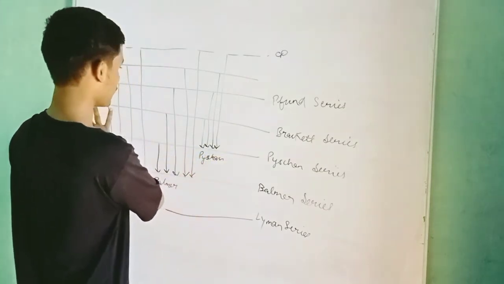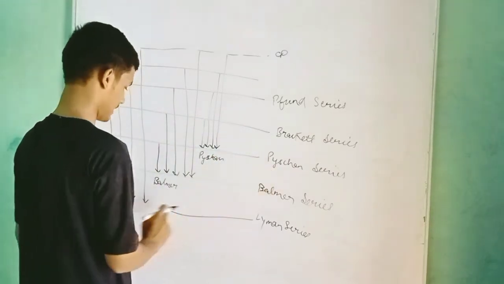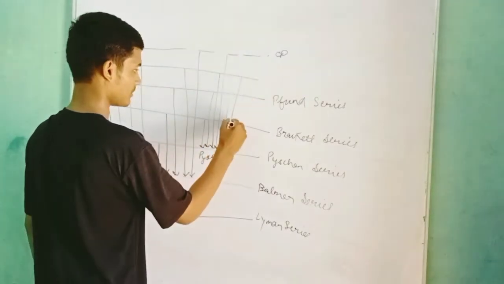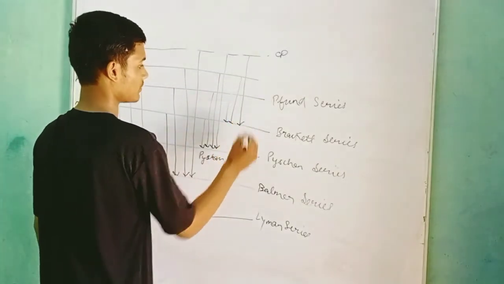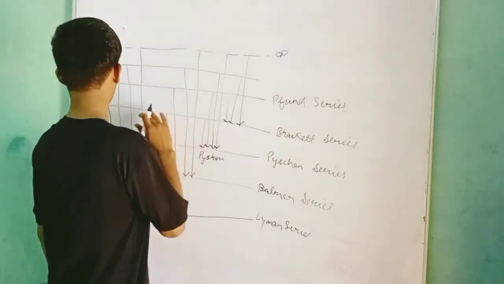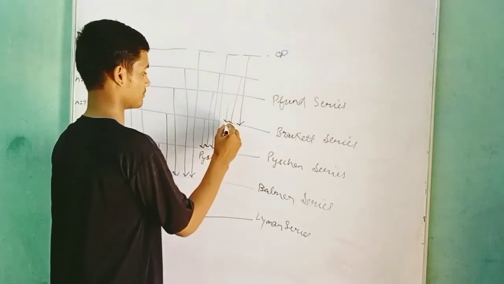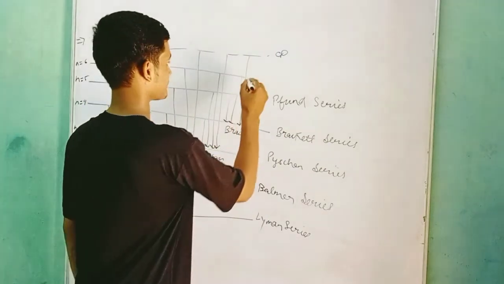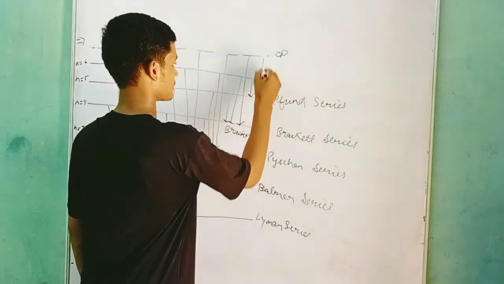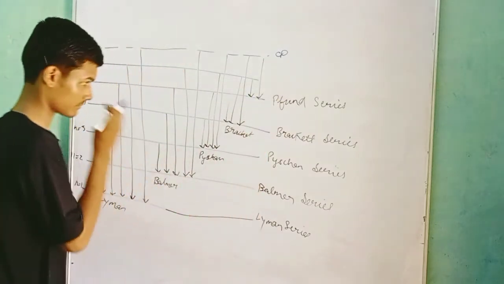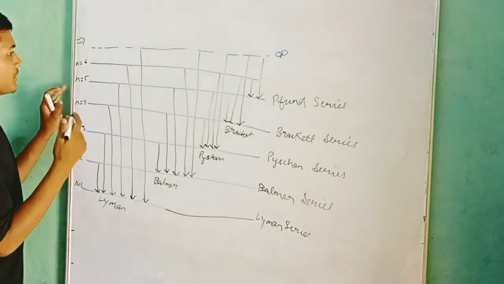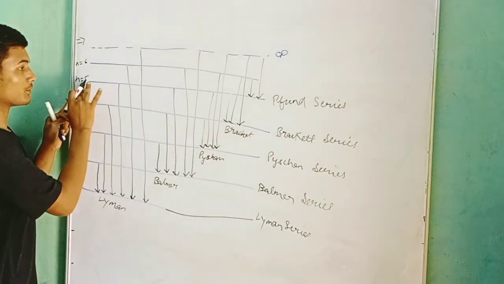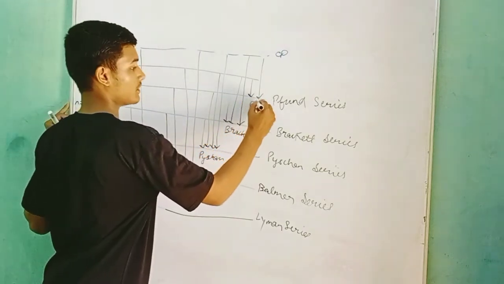Now after Lyman, Balmer, Paschen, there is Brackett. When an electron jumps from any orbit to the fourth orbit, then it is Brackett. When an electron jumps from any orbit to the fifth orbit, then it is Pfund.